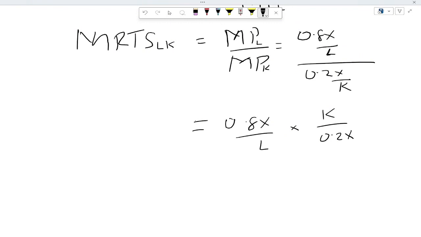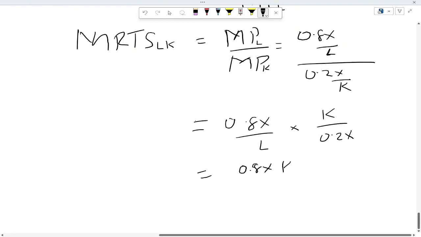So this is what you have now. So you can multiply everything. You have 0.8xK all over 0.2xL.